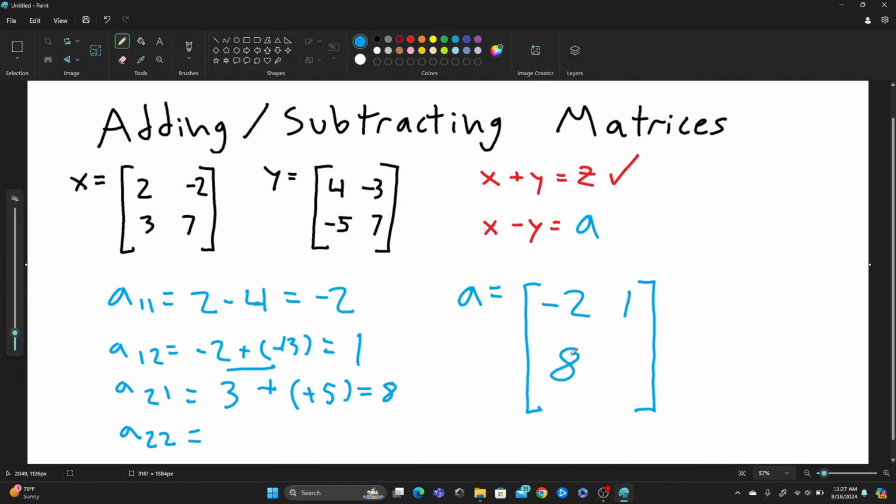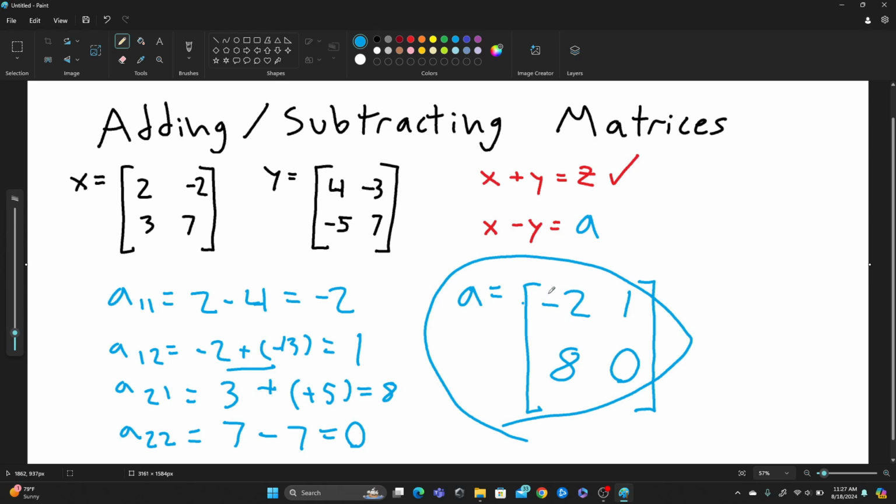So here we have 8. And then finally A22 is X22 minus Y22, which is equal to 0. So matrix X minus matrix Y equals matrix A, which is this matrix right here.